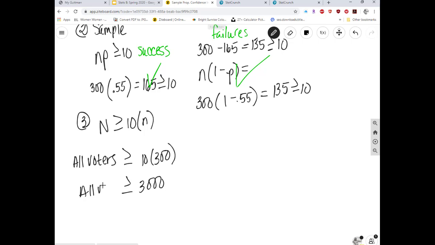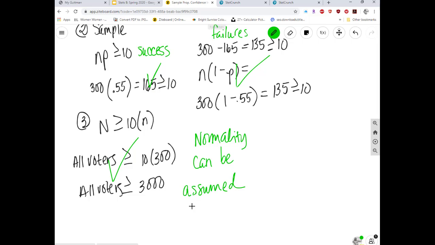So are there more than 3,000 voters? Yes. So at this point, all conditions of the central limit theorem have been met and normality can be assumed. Perfect.